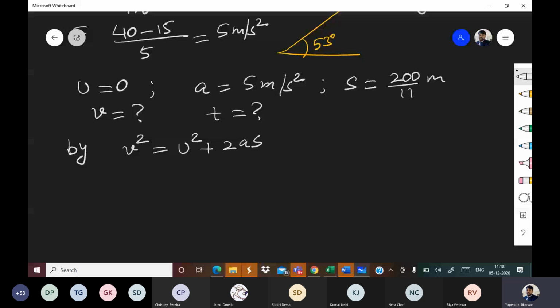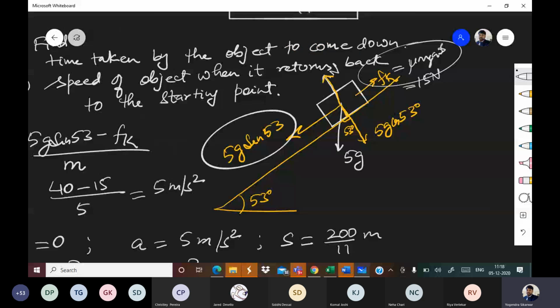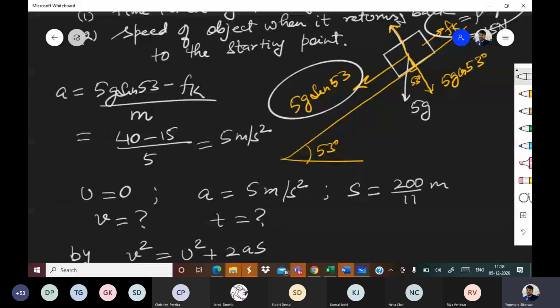Srishti, in this it is not retardation. 5G sine 53 is acting downward, friction is acting upward. So how much is F resultant? F resultant will be 5G sine 53, which is downward, minus Fk, mu mg cos 53, upon total mass. Total mass is 5. So that will be our acceleration, 5 meter per second square.